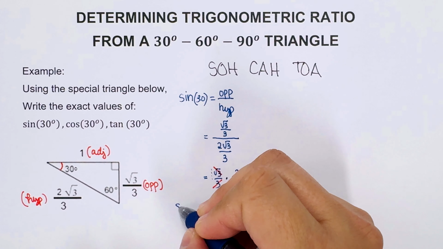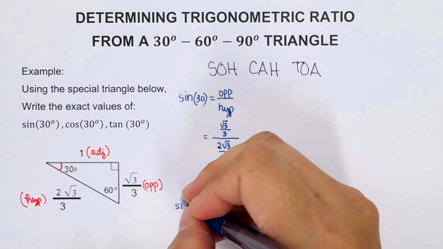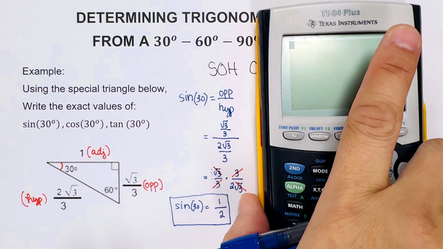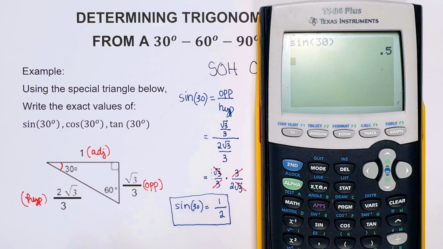So sine 30 is actually 1/2. That's the exact value. Now let's see how that works on the calculator. So let's see if that's really 1/2. So first, I'm going to type in sine 30. The answer is 0.5. Now I type in 1 divided by 2, and the answer is 0.5. So that's the exact value for sine 30.